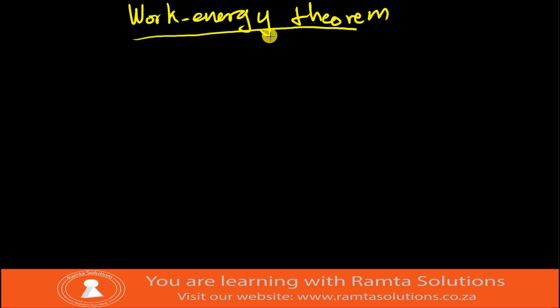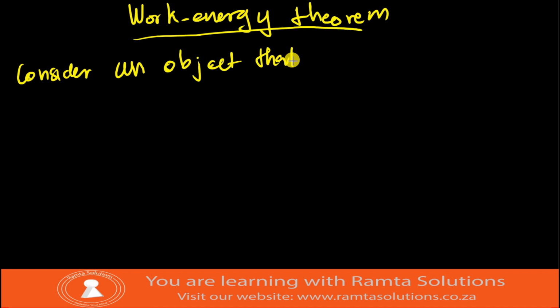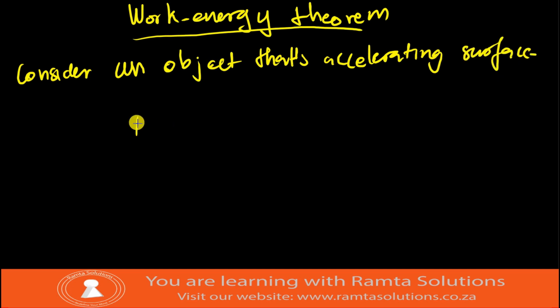We're looking at the work energy theorem. So consider an object that's accelerating on a horizontal surface. Let me say this is our object, this is our surface.